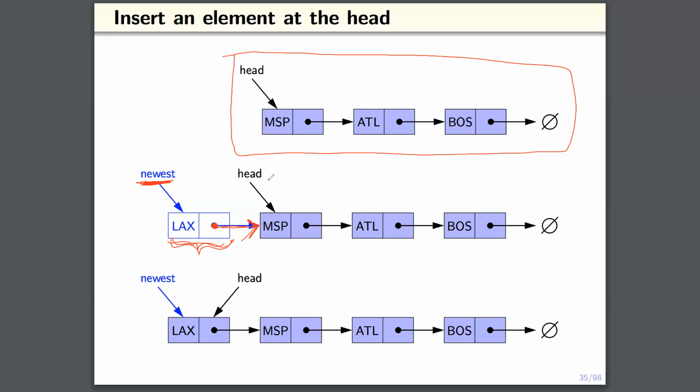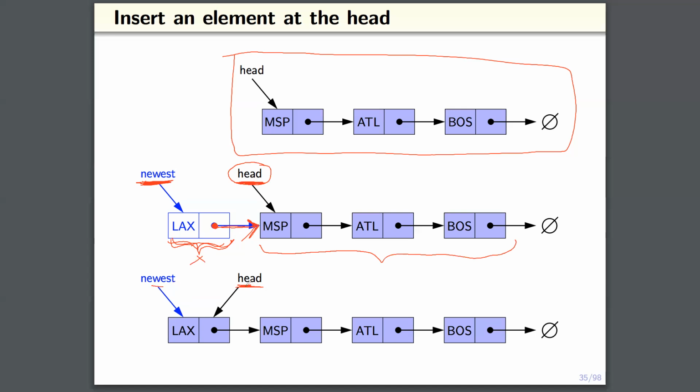However, what you're storing in SLL is just the head pointer. If the head pointer points to this, you only have access to all these nodes. You can never access the newest node, right? Hence, you want to make sure the head node is updated. Now, you will assign newest to head.